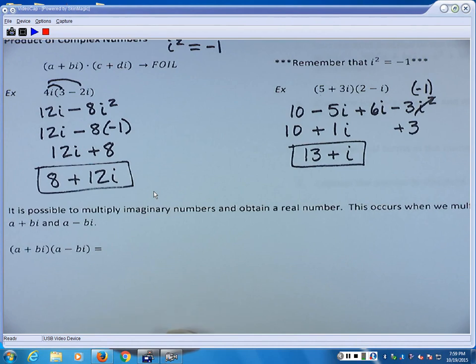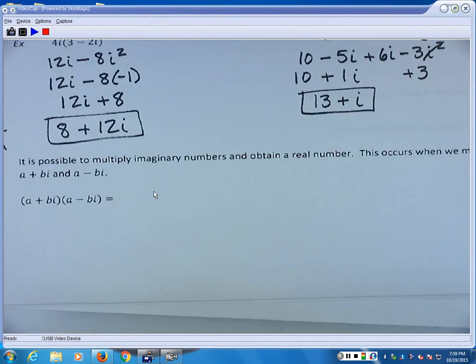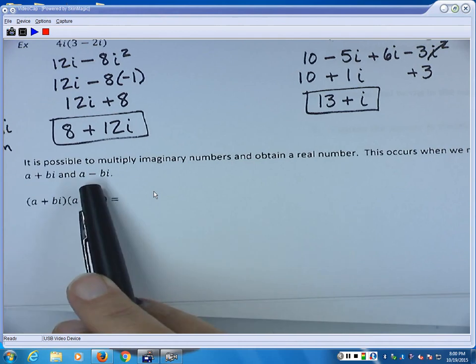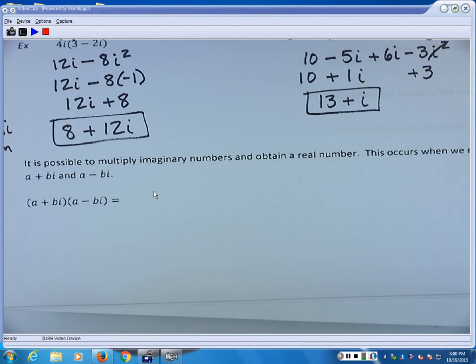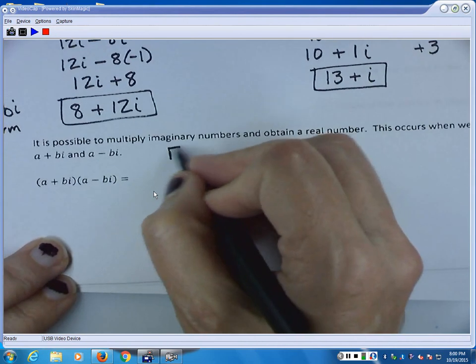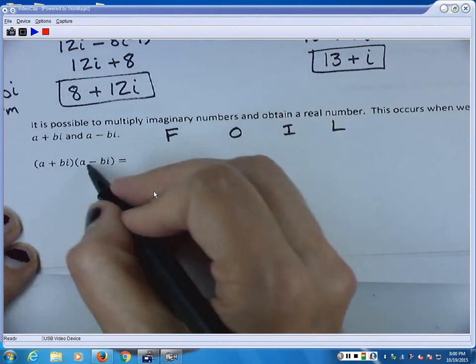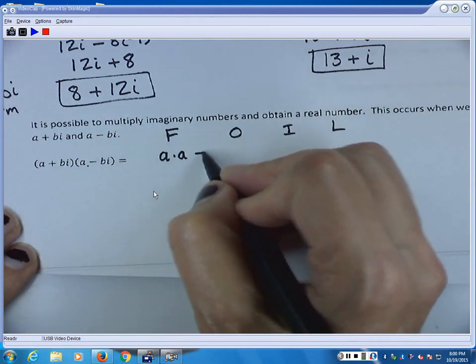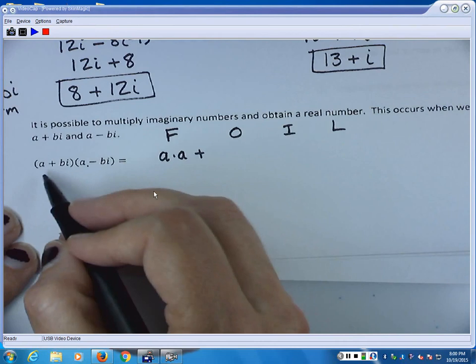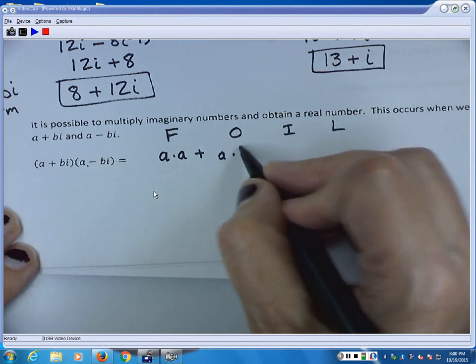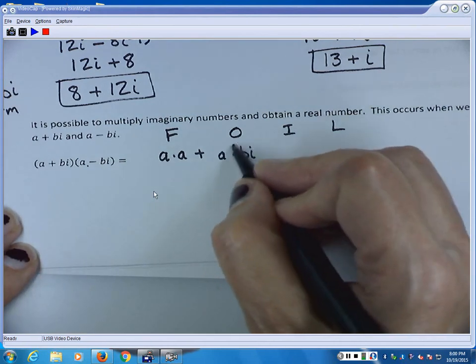Okay. The next thing, it is possible to multiply imaginary numbers and obtain a real number. This occurs when we multiply a plus bi times a minus bi. And again, I hope you all know FOIL, but I'll write it out. It's a times a, plus the two outer terms, a times minus bi.